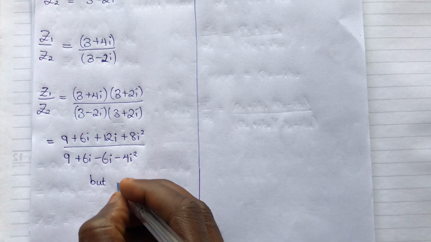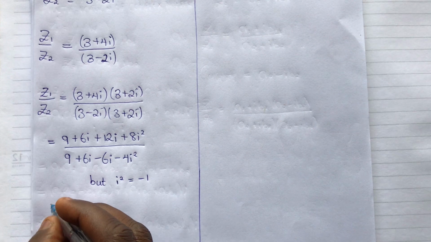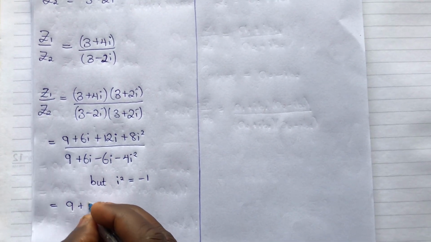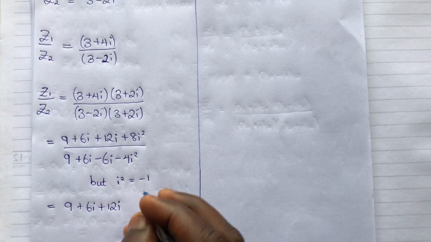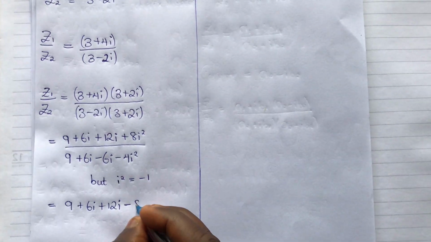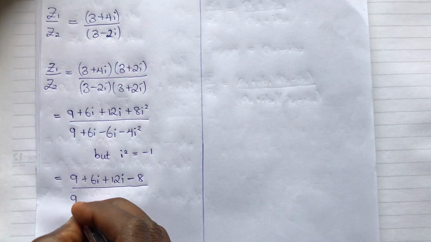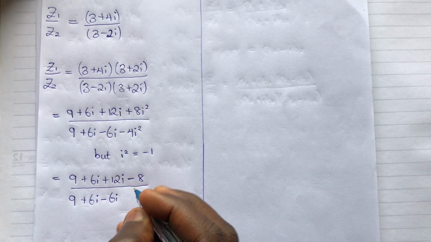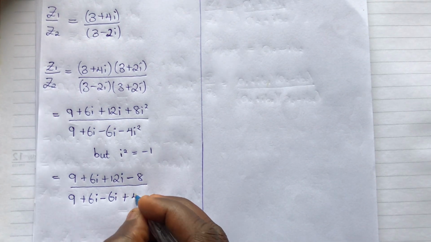But i squared is giving us -1, so we can substitute that there. So we are having 9 plus 6i plus 12i. Then when we substitute here, we are getting minus 8. And we are dividing this by 9 plus 6i minus 6i plus, when we substitute -1 here, plus 4.